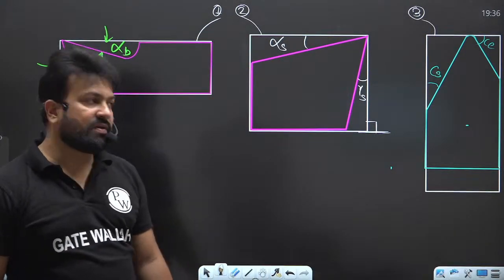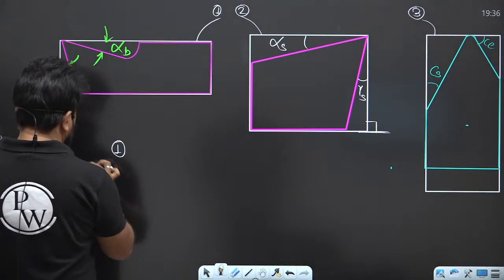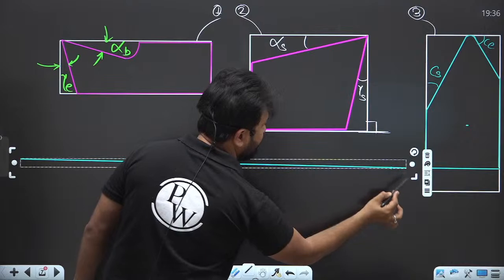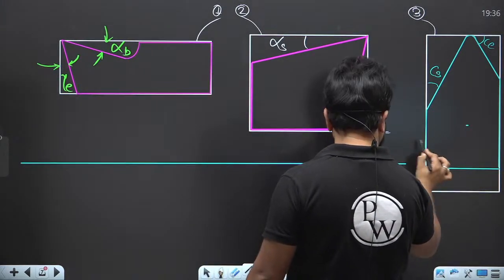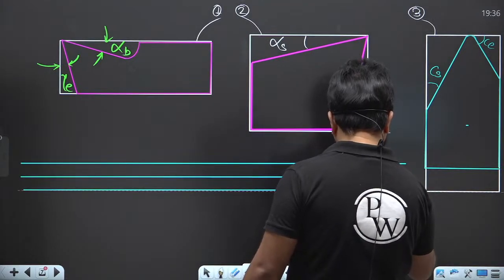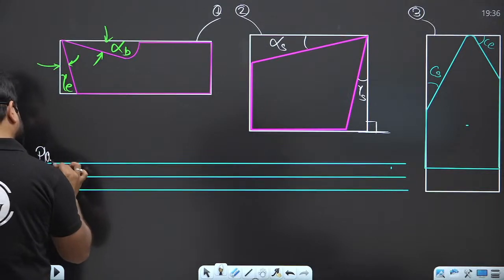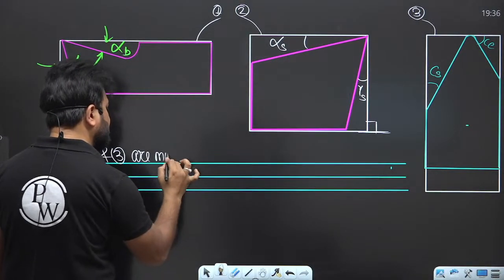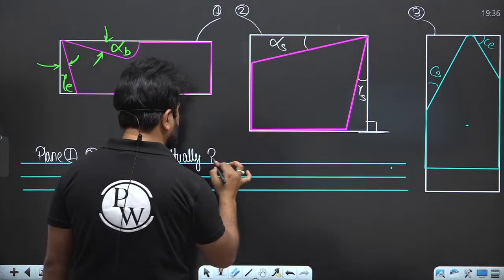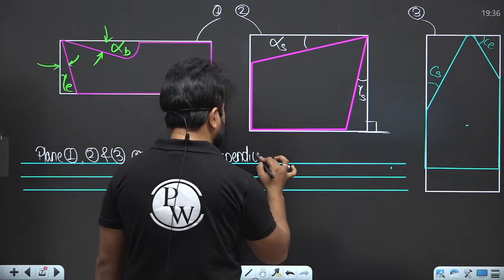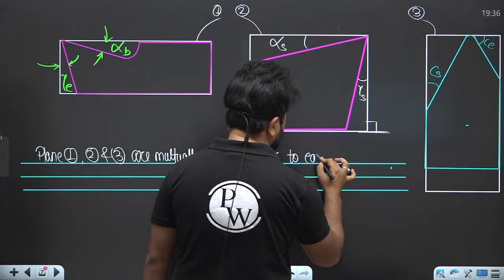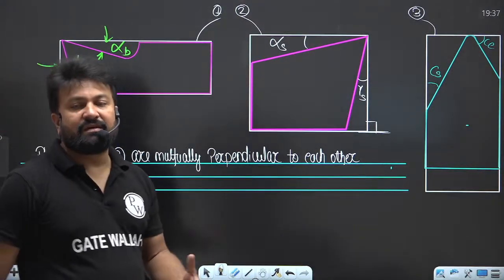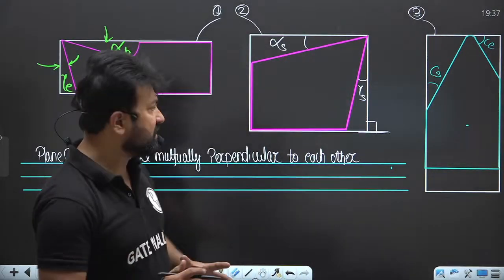Planes one, two, and three are mutually perpendicular to each other.